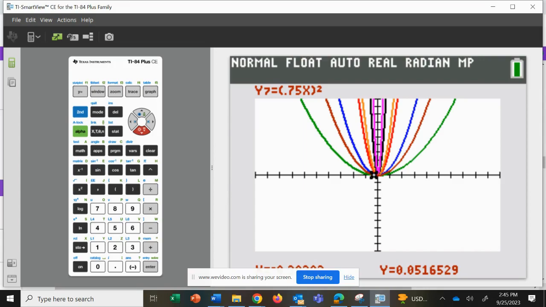Is the maroon one inside of that parent function or outside of the parent function? Right. So we need to think about horizontal. You remember I grabbed your arms and I pulled them horizontally out, or I pushed them horizontally in. So which is 0.75? Is that me pulling it out or pushing it in? That's pulling it out. 0.75 is a stretch horizontally.